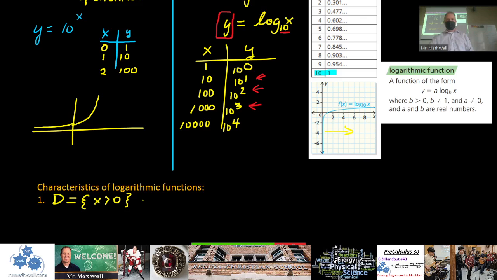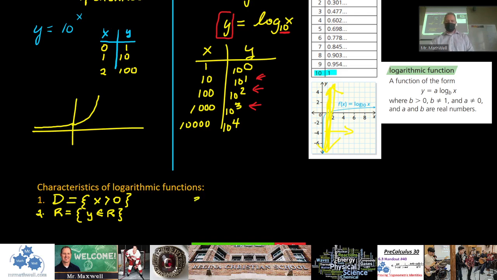Okay, 2, the range is y can be anything. Y can be anything, up, down, anything. So y is an element of all real numbers. So the domain and range are pretty important. That's supposed to be a 1 and a 2. Okay.